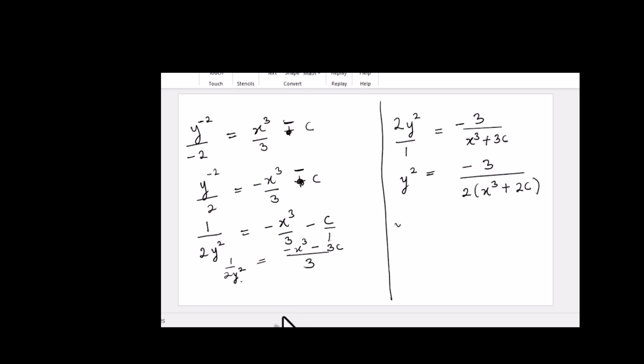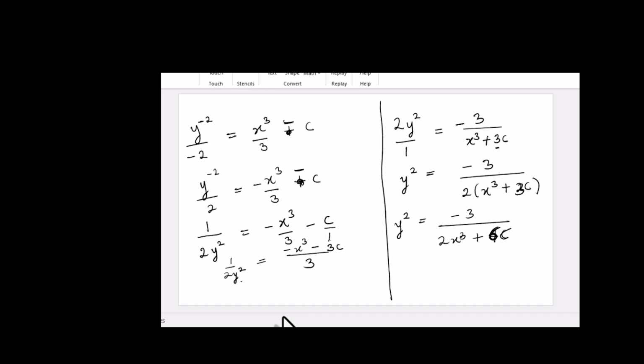I can also say y squared equals what? Minus 3 over 2x cubed plus 4c. Oh, sorry, it's 3 here. Don't forget this 3. I brought it down as 2. So 3c, so you have 6c here.